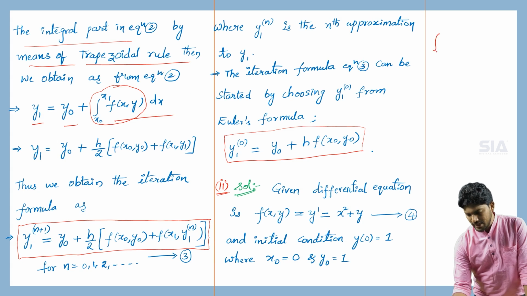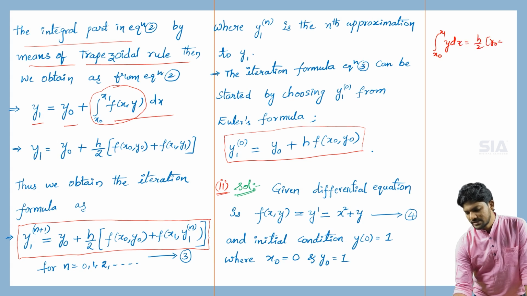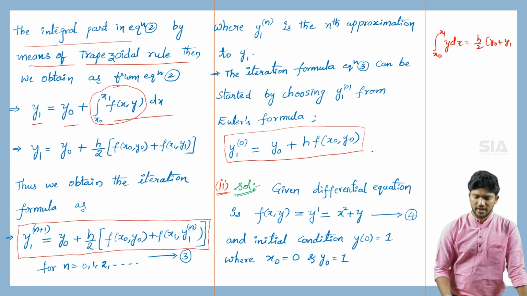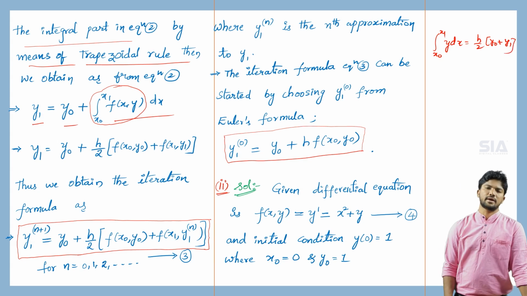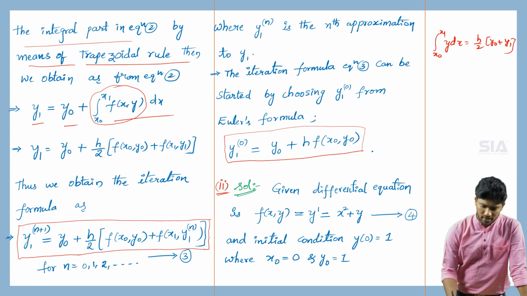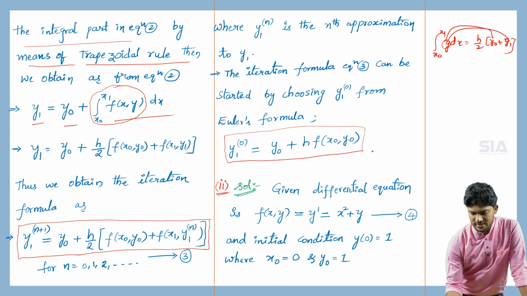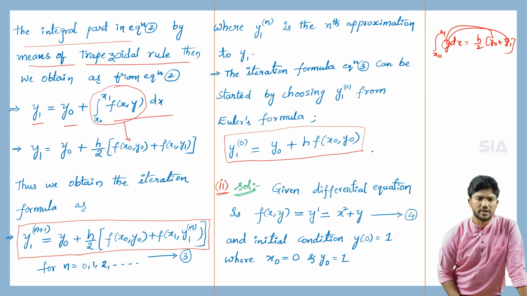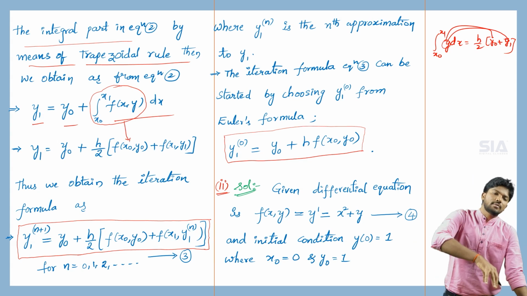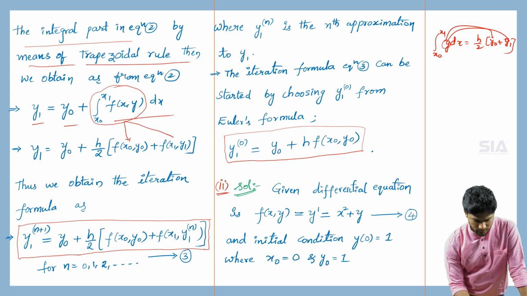The integral from x0 to x1 of y dx can be written as h/2 times (y0 + y1). If the function f(x, y) is there, then you can write h/2 times (f(x0, y0) + f(x1, y1)).